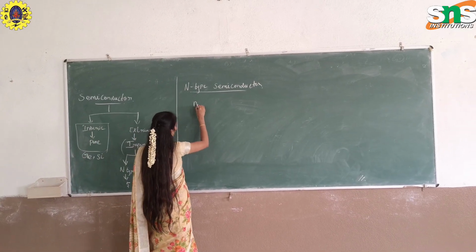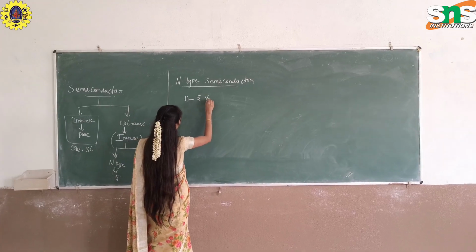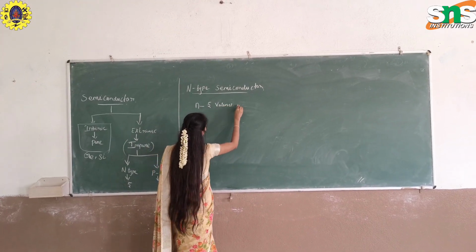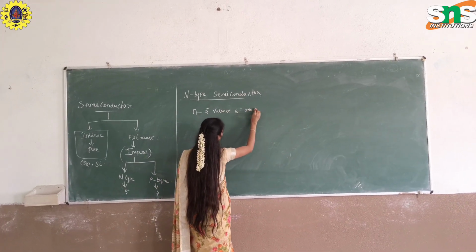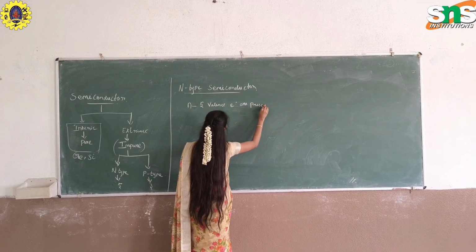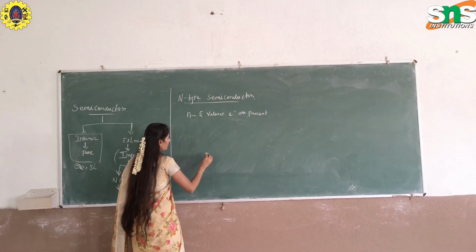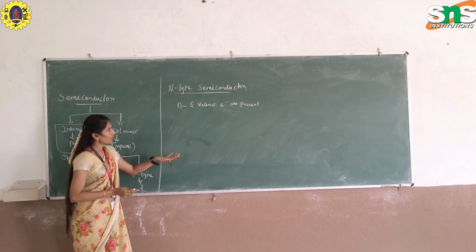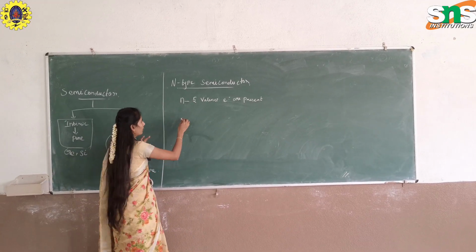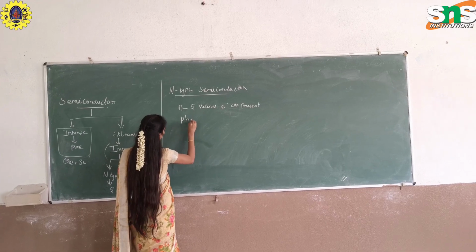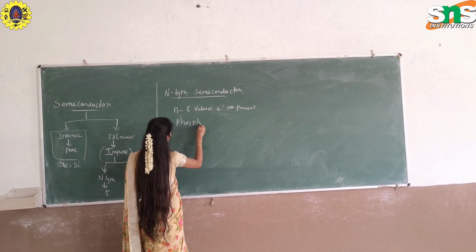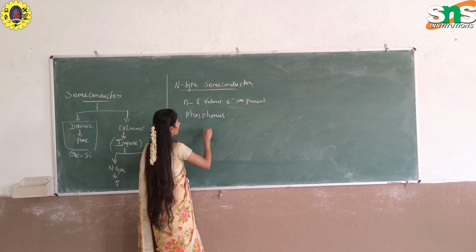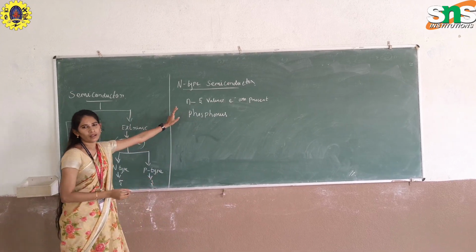N-type means 5 valence electrons are present. The example for an N-type semiconductor is phosphorus.